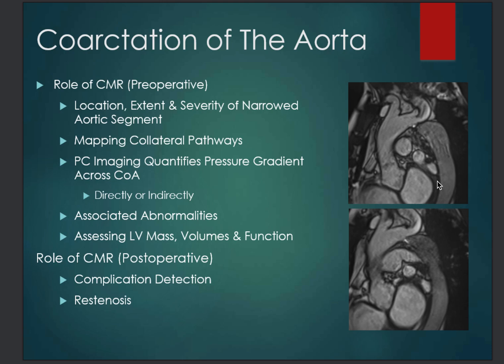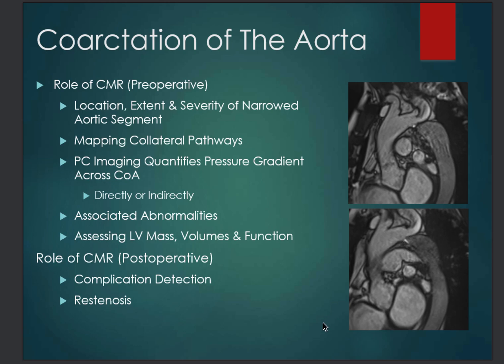But an important point to comment on is the degree of the coarctation, whether it's severe or not severe. Cross-sectional imaging, whether MRI or CT, could provide accurate measurements of the diameter at the isthmus or at the narrowest point.